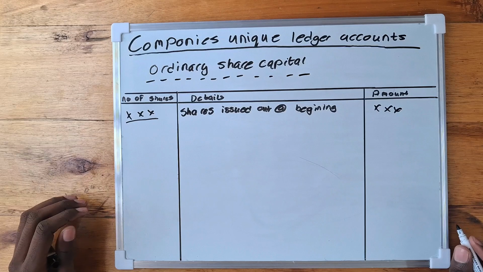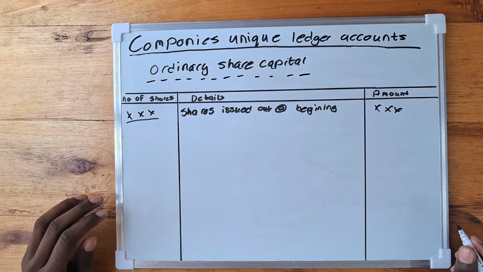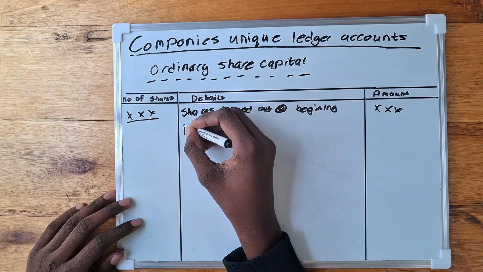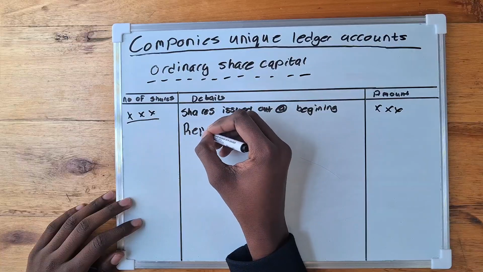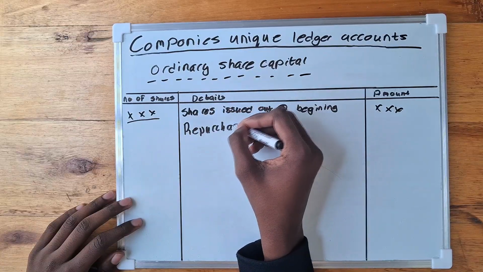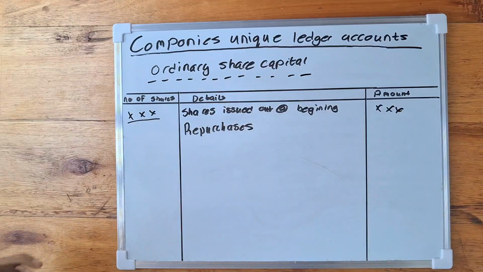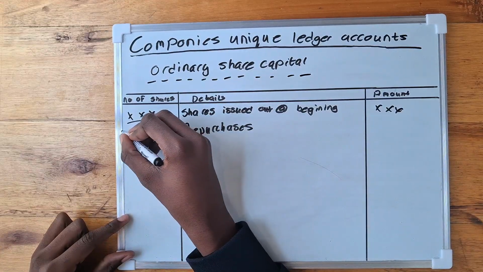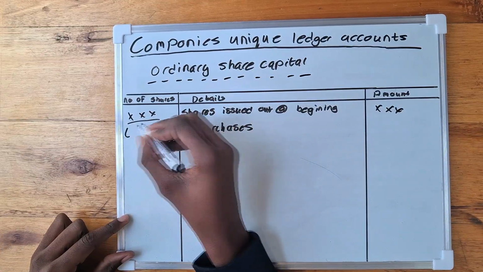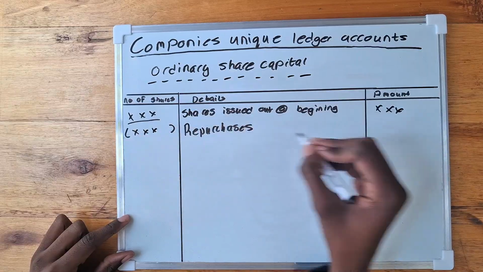Then the next thing that you can expect to see is repurchases. Here you must always, guys, whenever you do your repurchases, have brackets, because brackets indicate that we are deducting.